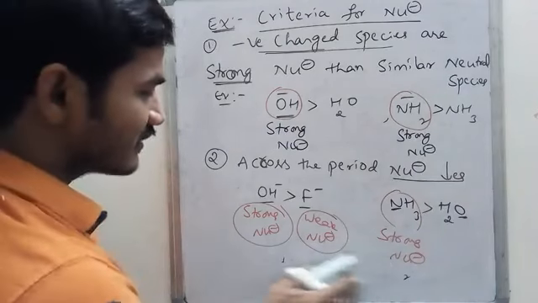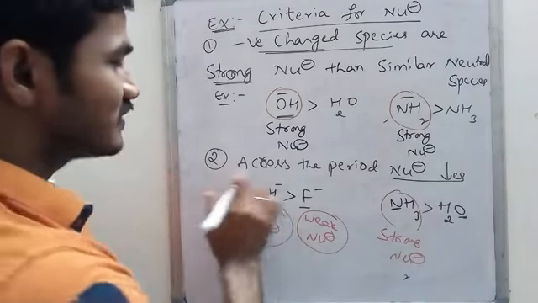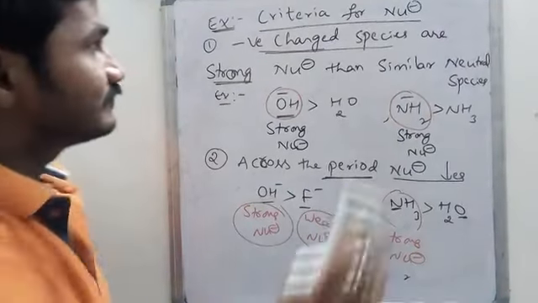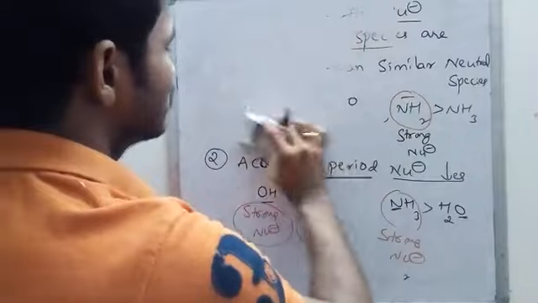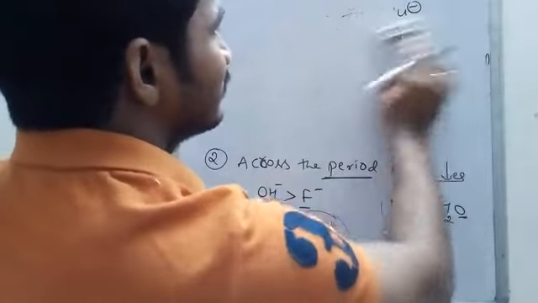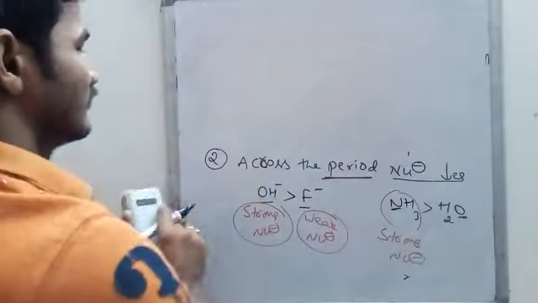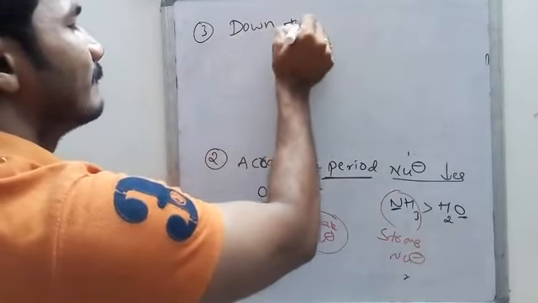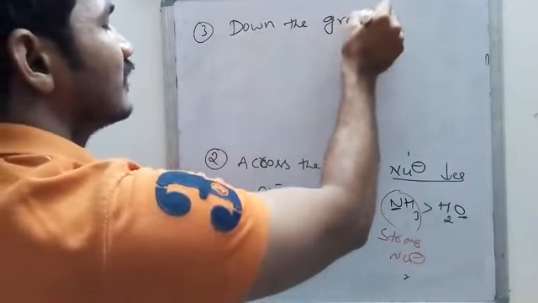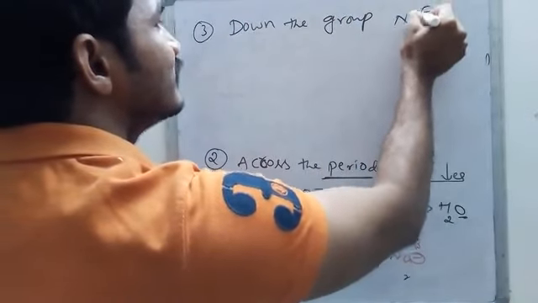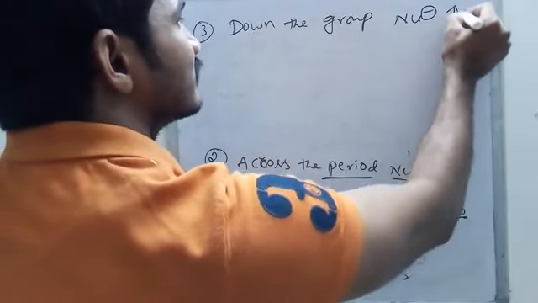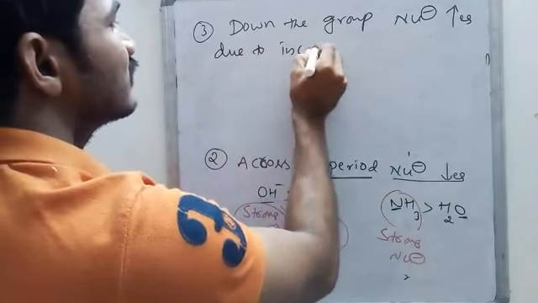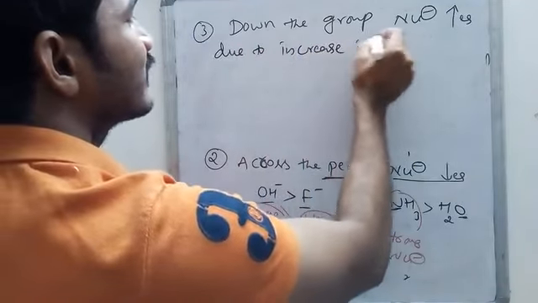That was about across the period. Next I will discuss down the group. This is the third point: down the group, nucleophilicity increases due to increase in polarizability.